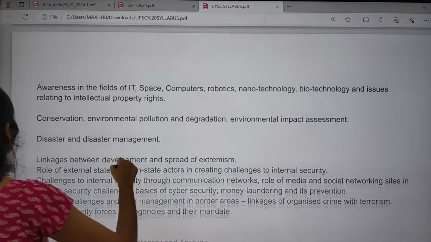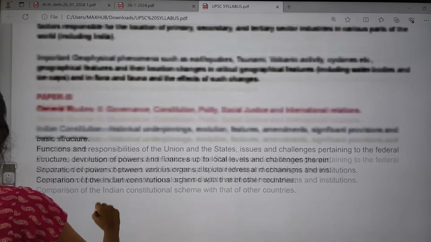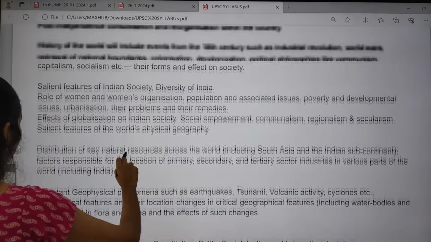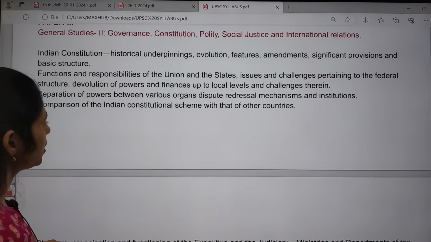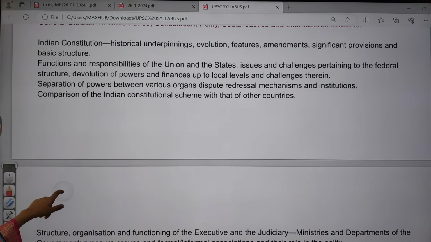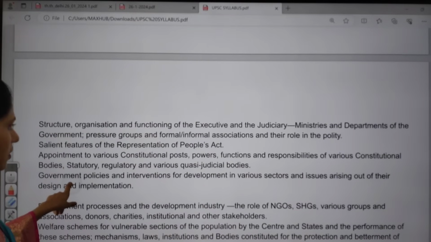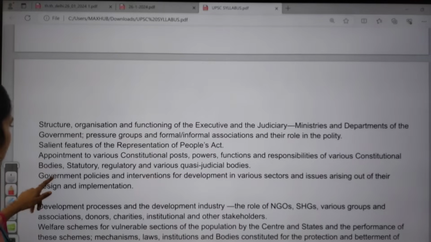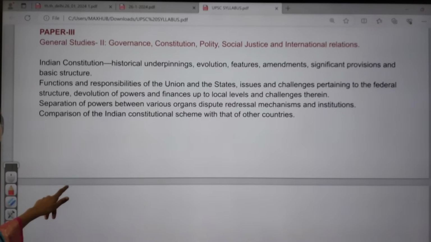So here in the syllabus, you can see polity. In this polity, you can see the functioning of our Parliament. I will show you where exactly it is.